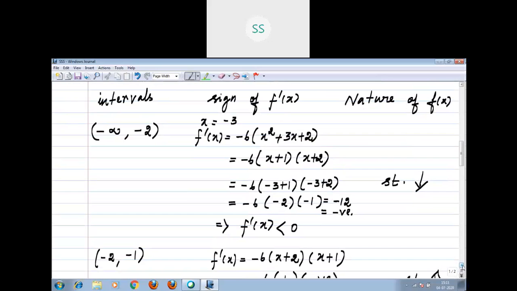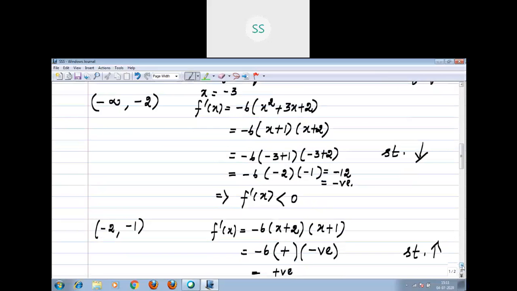Next, minus 2 to minus 1. Here you can assign the value as minus 1.25, minus 1.5, minus 1.75. I assigned here my x as minus 1.5. For your reference, I am writing here, x is equal to minus 1.5.